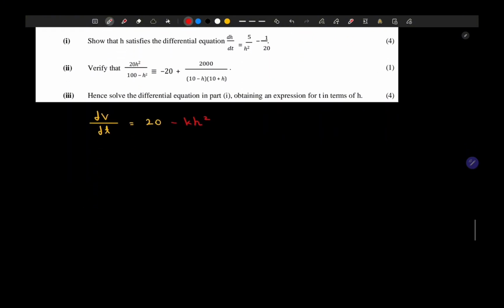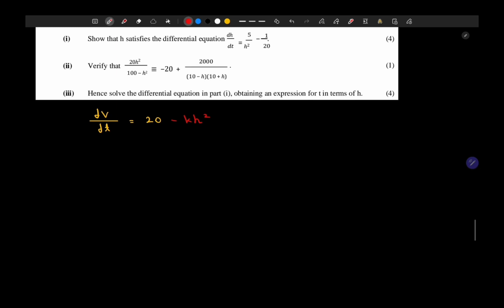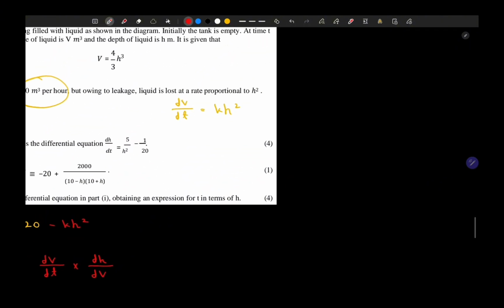Now show that H satisfies the differential equation for dH over dt. So basically we need to find dH over dt. In order to find dH over dt, I can write it as dV over dt times dH over dV, because as you can see the dV's cancel each other out, so we're left with dH over dt only.